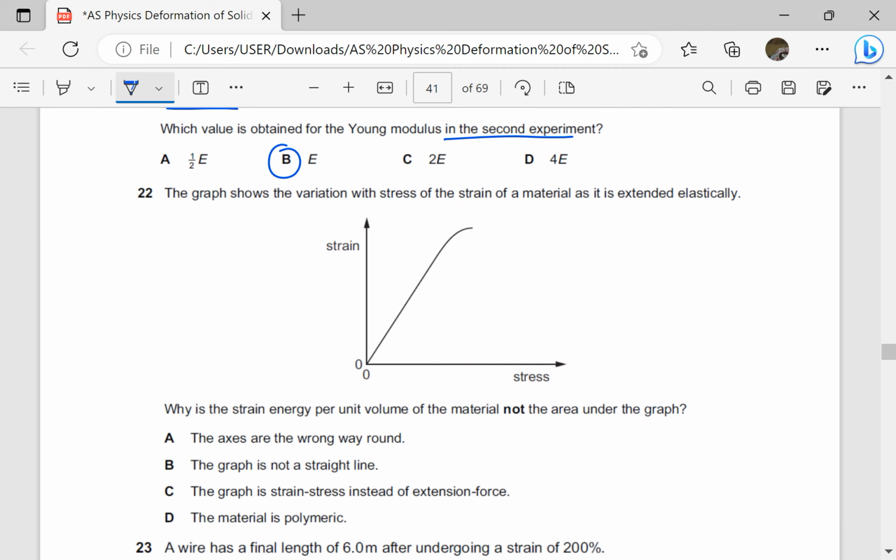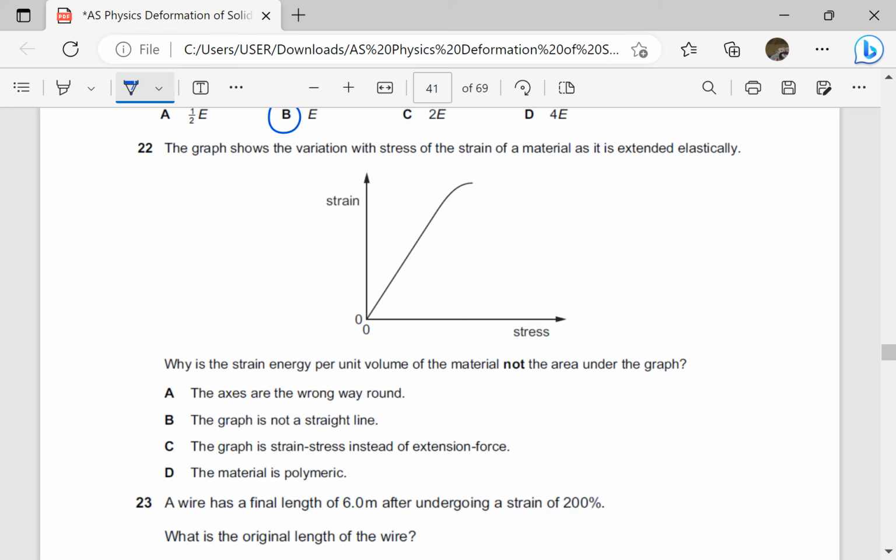The graph shows the variation with the stress of the strain of a material as it is extended elastically. Why is the strain energy per unit volume of the material not the area under the graph? Notice that here the area under the graph will be a half times strain times stress.